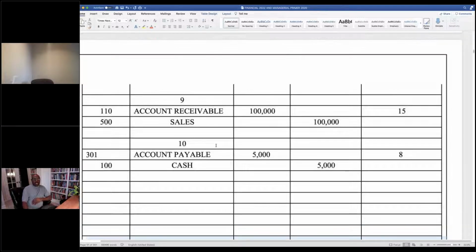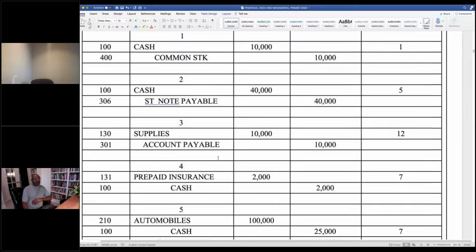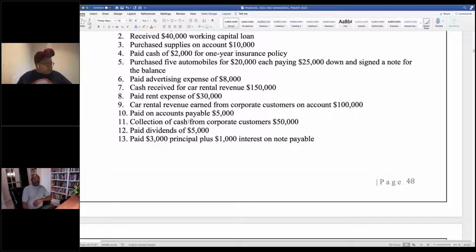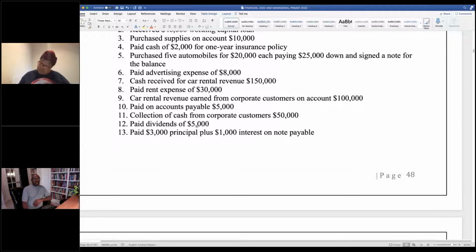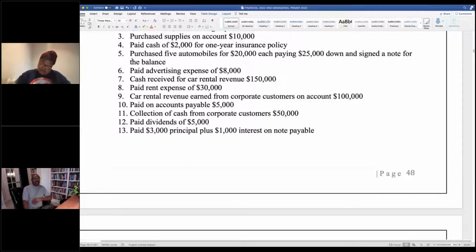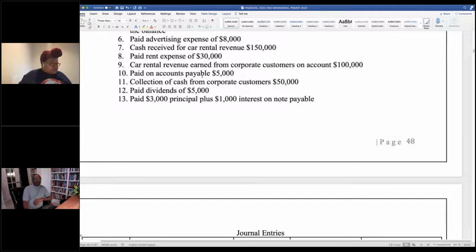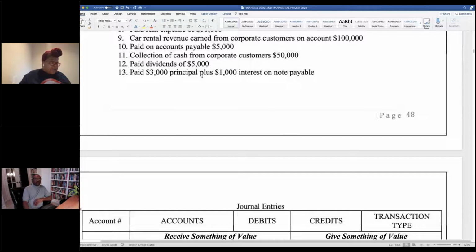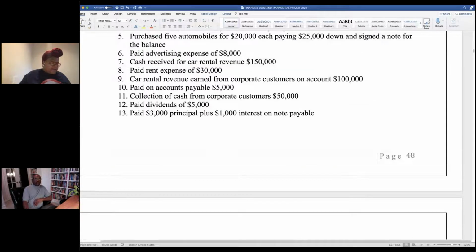Okay, so let's see if we can finish up. What happens in 11? Collected cash. So we know this has got to be somewhere between 1 and 6. Which one is it? 6? Okay. 2, cash revenue received? Oh, you didn't get any.